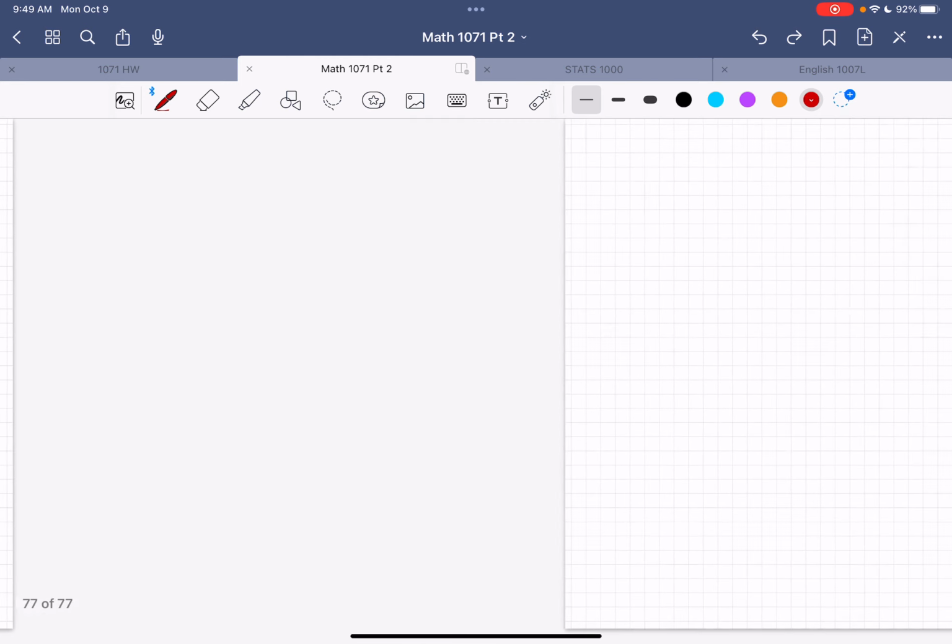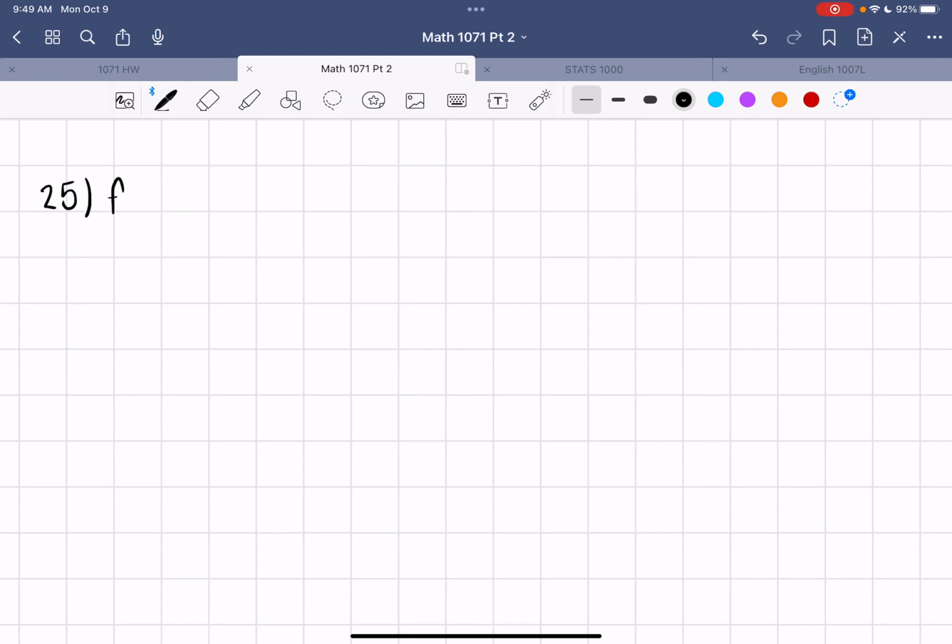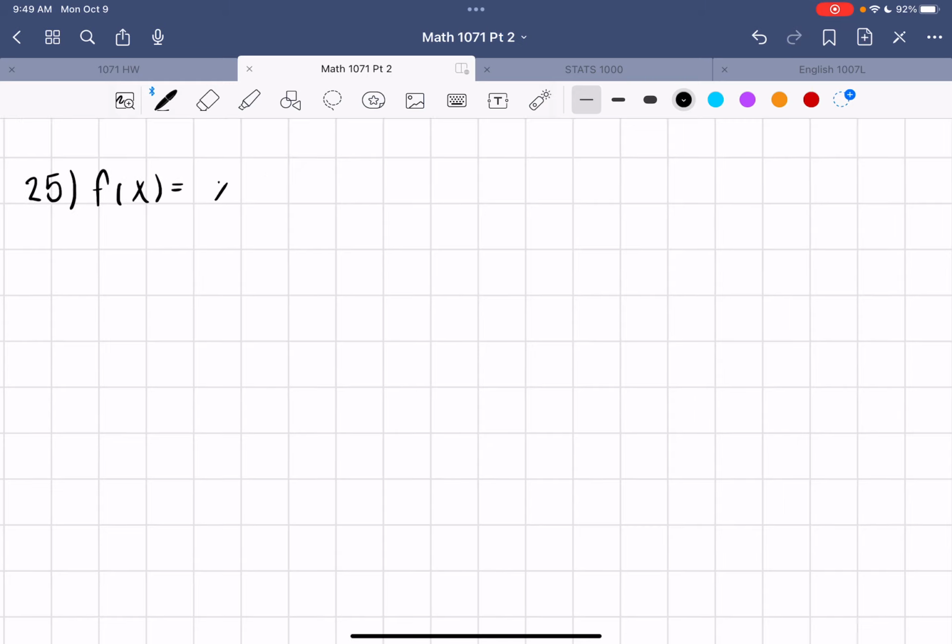Now, here's an example where I think factoring is more convenient. You want to set this equal to 0, and I want to suggest factoring. Do you see you got two terms?